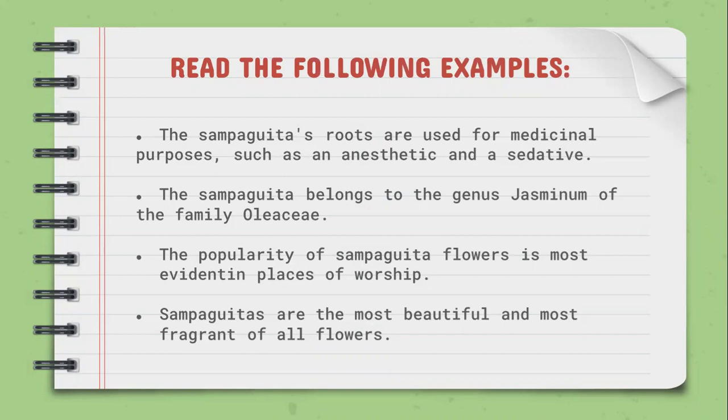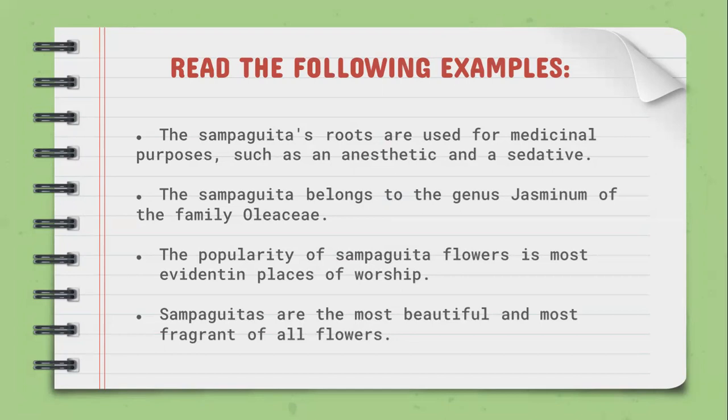For the third one, we have the popularity of Sampaguita flowers is the most evident in places of worship. Lastly, Sampaguita are the most beautiful and most fragrant of all flowers. So, examine the given examples and read them carefully.